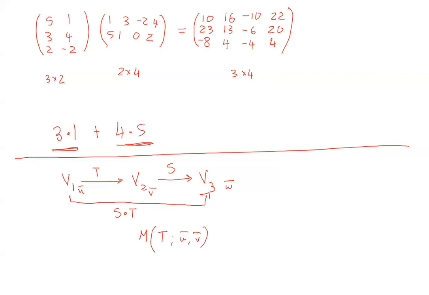Then you can take the matrix of S with respect to the bases V and W. It turns out that the matrix of the composite of the 2 maps, so S composite T, with respect to the bases U and W, is actually equal to the product of the 2 matrices. So that's one of the main ideas behind matrix multiplication. Okay? That's one of the main ideas behind matrix multiplication. So matrix multiplication amounts to taking the composite of linear maps.